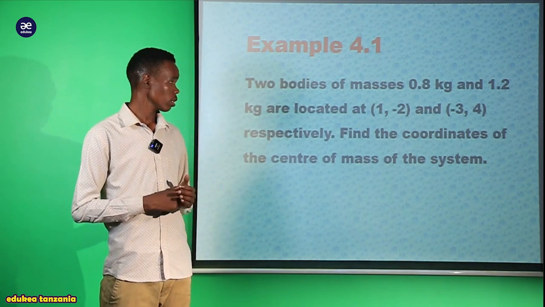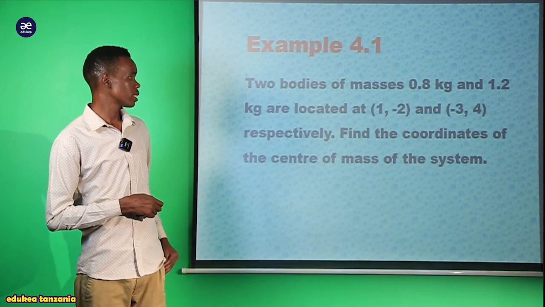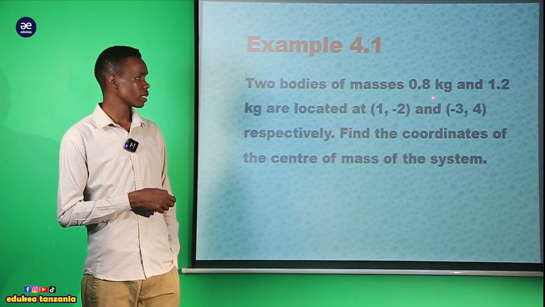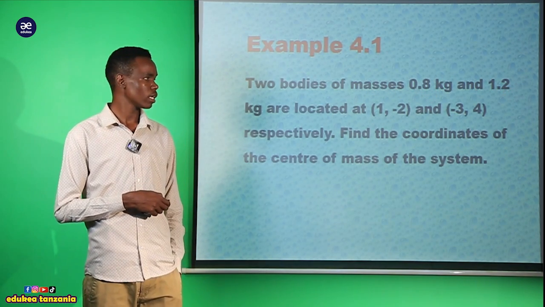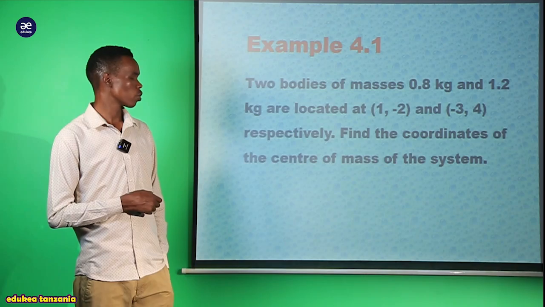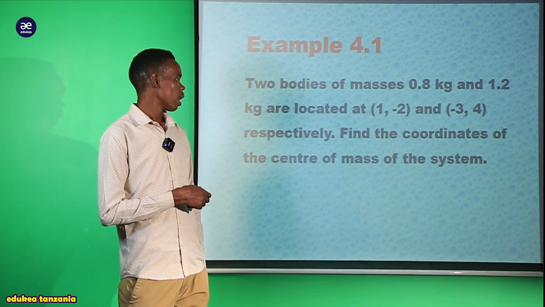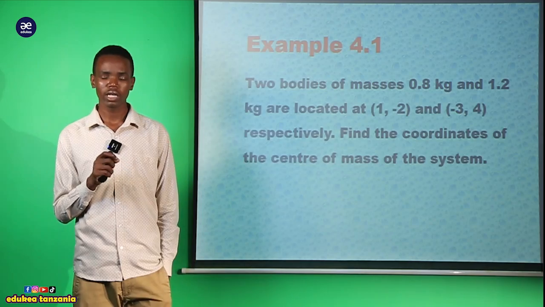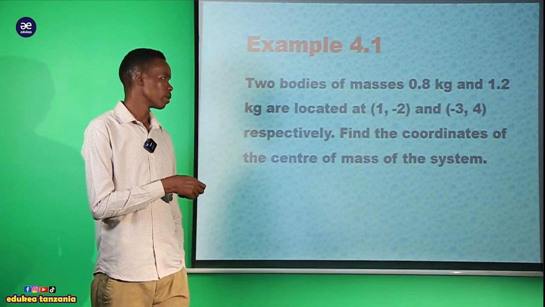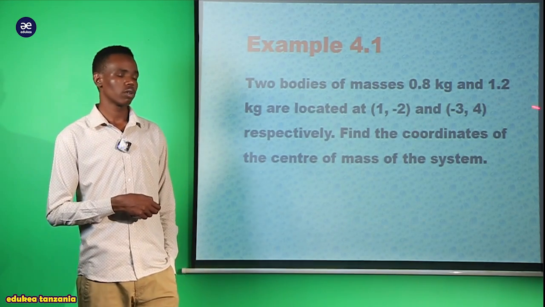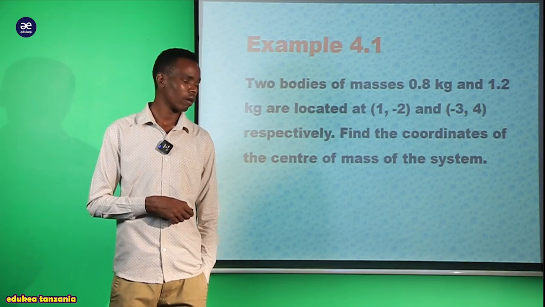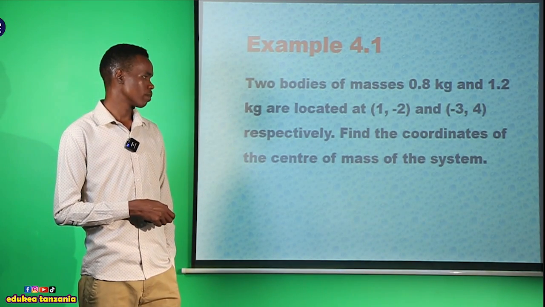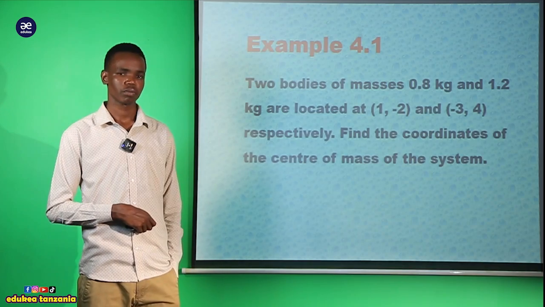The question says: two bodies of masses 0.8 kilogram and 1.2 kilogram are located at the coordinates (1, -2) and (-3, 4) respectively. Find the coordinate of the center of mass of the system.